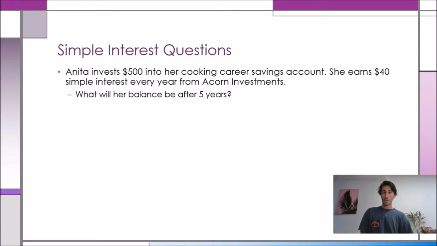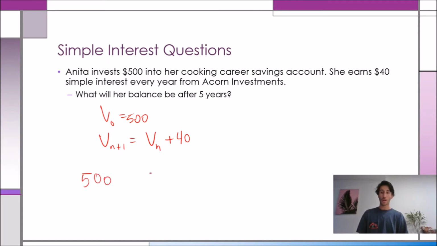Now, the information is the same. What will her balance be after 5 years? Well, again, V0 equals 500, Vn plus 1 equals Vn plus 40. Our starting value, let's just generate the sequence. So our starting value is 500, then our next value is 540, just 500 plus 40.